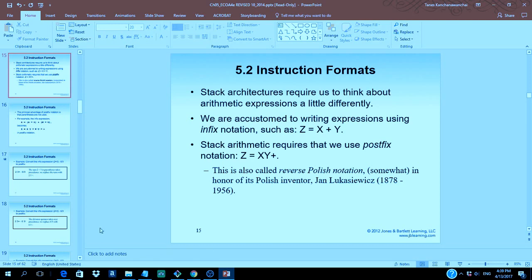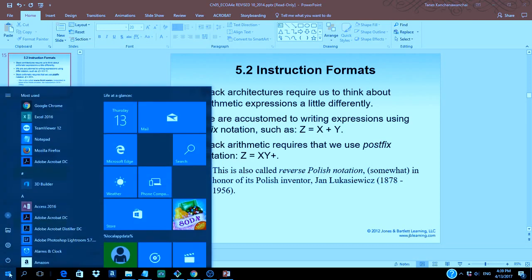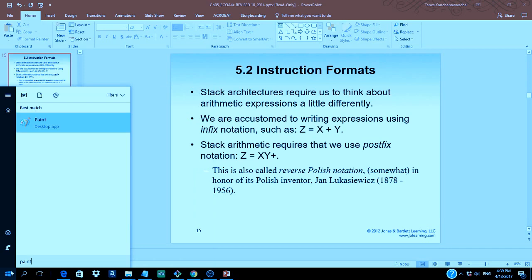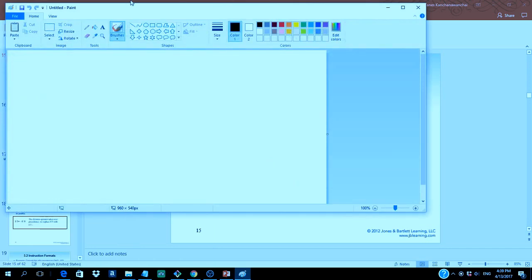Let me see if I can draw this. It's probably easier on the board, but let's try. I have a bucket, so I push x into the bucket, and now I push y.